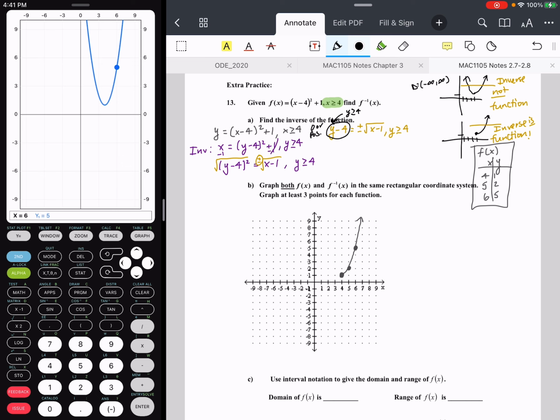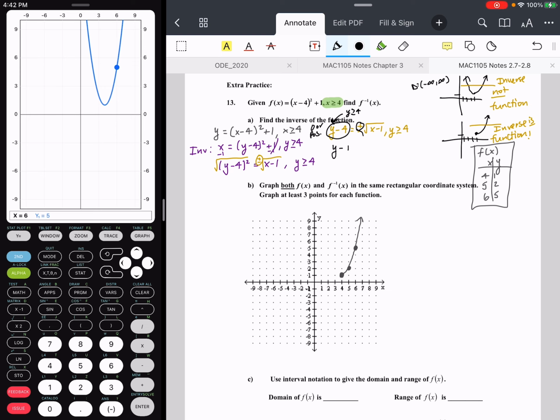So if y is like 5, 5 minus 4 is 1, positive 1. If y is greater than or equal to 4, the smallest that left side could be is 0, or it could be any positive number, right? It's not going to be negative, can't be negative. So if the left side can't be negative, that means the right side can't be negative either.